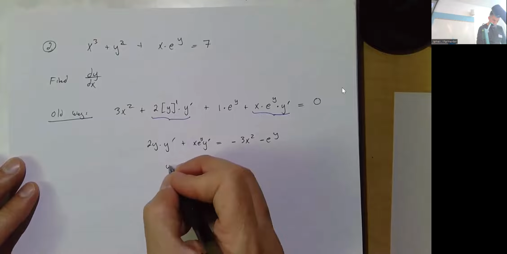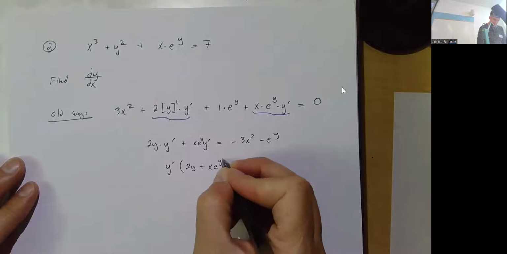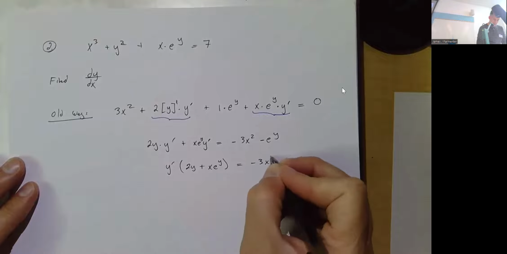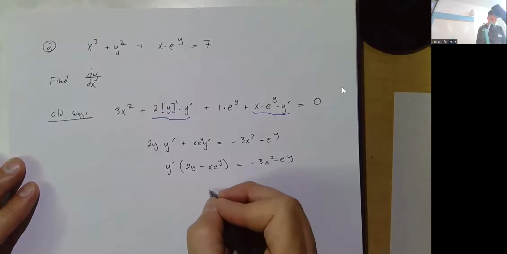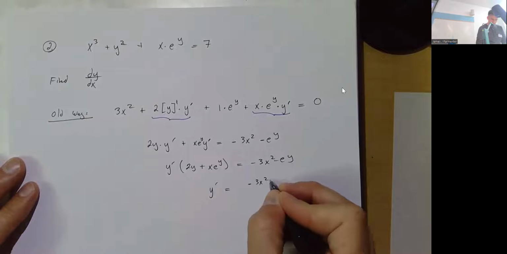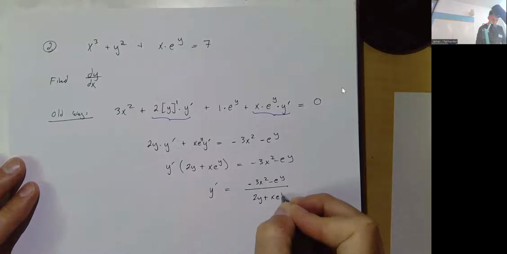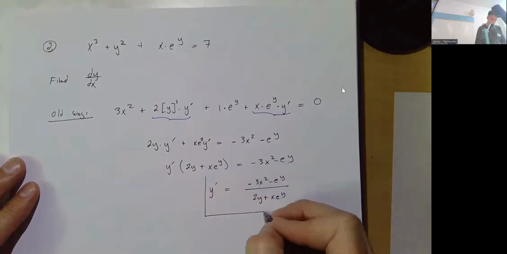I'd factor out a y prime. I'm left with 2y plus x times e to the y equal to the same stuff. And then finally, I divide both sides by 2y plus x e to the y to get negative 3x squared minus e to the y divided by 2y plus x e to the y. And that'd be a perfectly fine way of doing it.